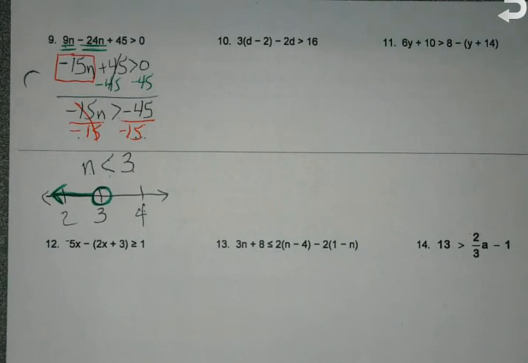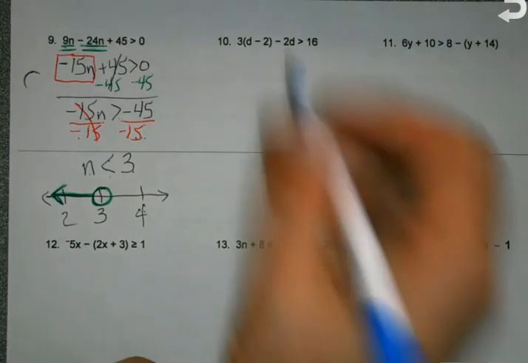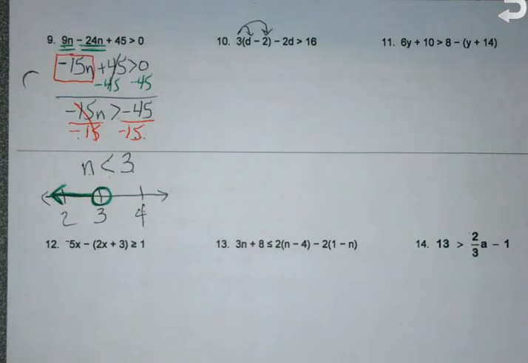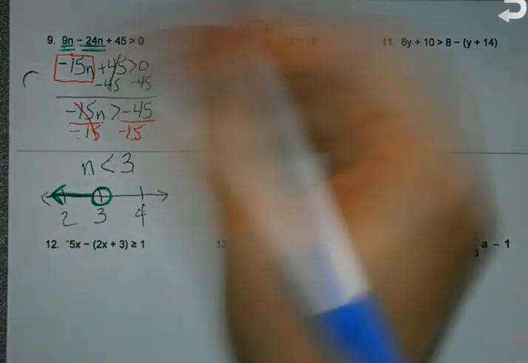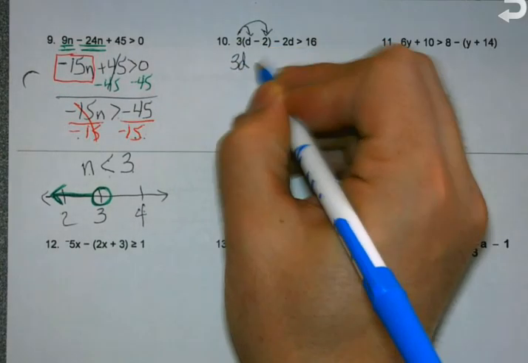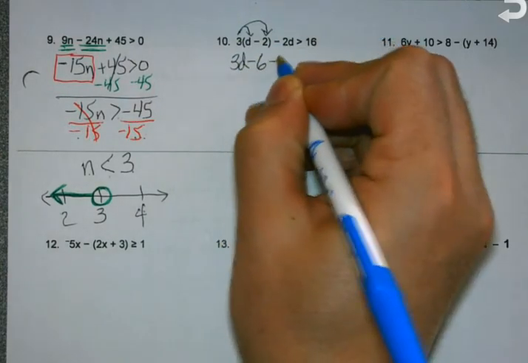Okay, 10 gets a little ugly here too. And I know you're all just hardly able to wait for 13. Number 10, if I see any parentheses, I've got to distribute first before I do anything else. 3d, 3 times negative 2, negative 6.